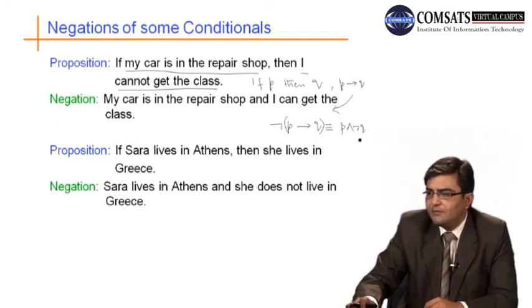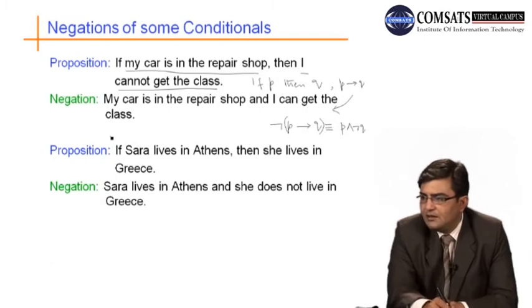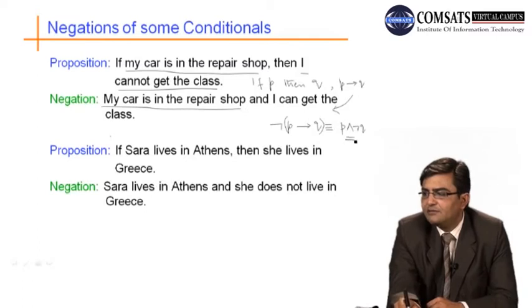So what is P? Here P, my car is in the repair shop, will come here. This is P, and there is an AND operator between these two propositions. Here we have AND, and what is the negation of Q? Not Q. Q is what?